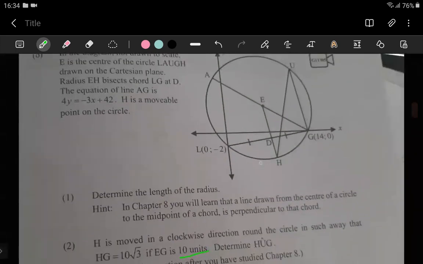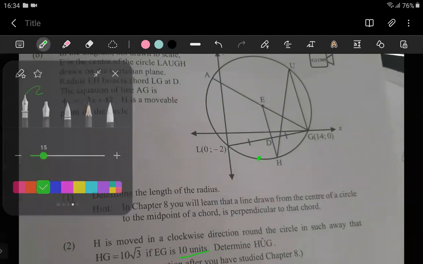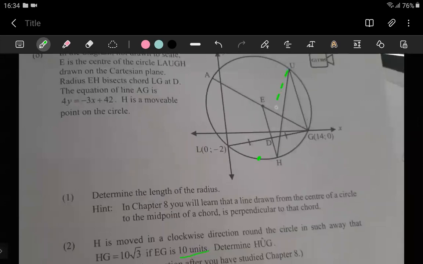So what I mean is, if H was moved somewhere here, your sketch would still have U up there, but H would be here. So angle HUG is this angle over here.